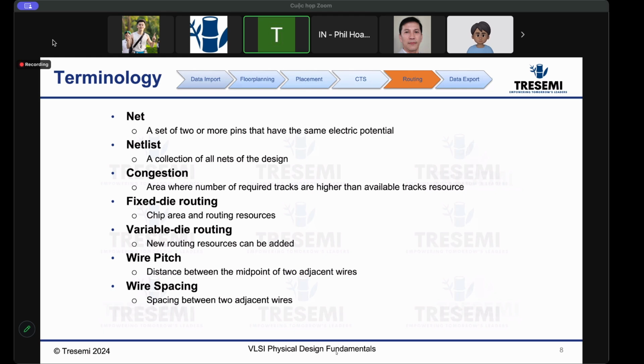And for congestion, we're going to spend time looking at different metrics, how to understand the report, the congestion map, and figure out what's wrong.